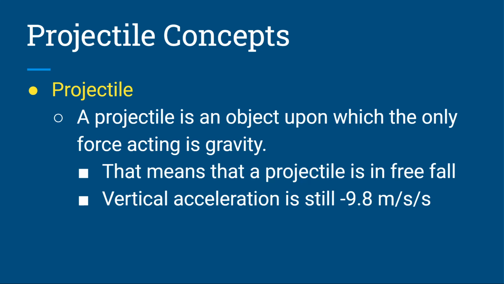Thus, a projectile is in free fall, and the vertical acceleration of a projectile, even if it's thrown forward, is still going to fall in the same way as something dropped straight down, and that means it's going to have vertical acceleration due to Earth's gravitational field at a rate of negative 9.8 meters per second squared. Okay, and so yes, they did hit at the same time.